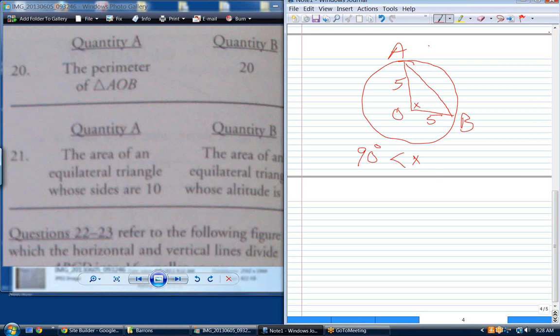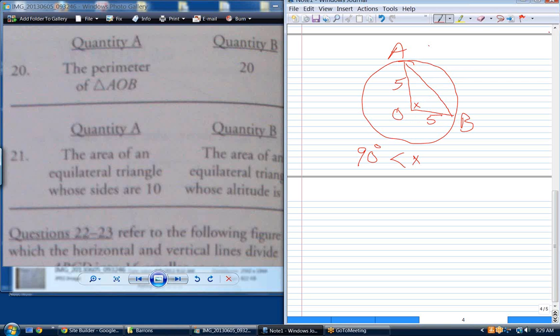Okay, won't they be equal because they're both equilateral triangles? Sorry, this is not 21. This is problem 20 that refers to the figure from the previous problem, which is over here in my drawing. Oh, okay. Sorry.